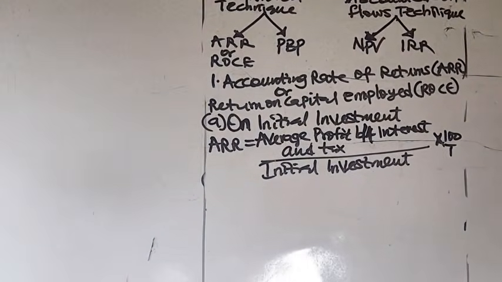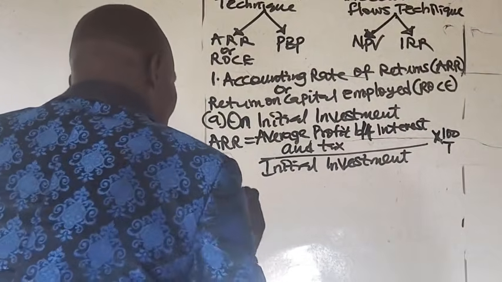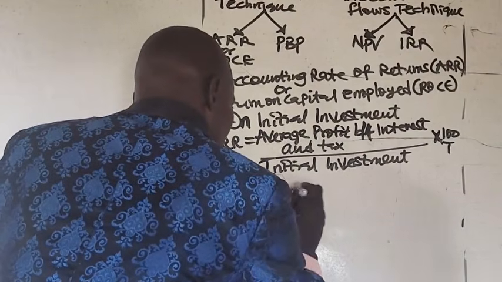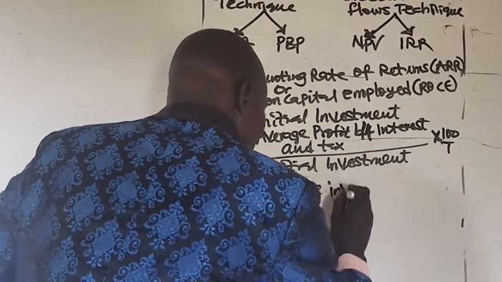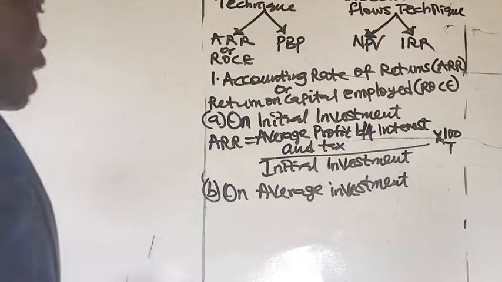The second method is that it can be calculated on average investment.